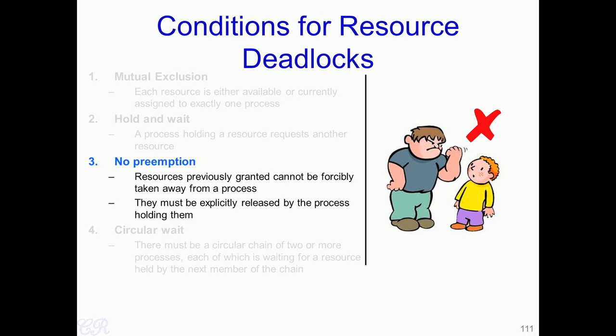That is, the OS or another entity in the system cannot forcibly remove a resource which has been allocated to a particular process. Instead, processes should explicitly release the resource by themselves. That is, whenever the process wants, it should release the resource by itself.